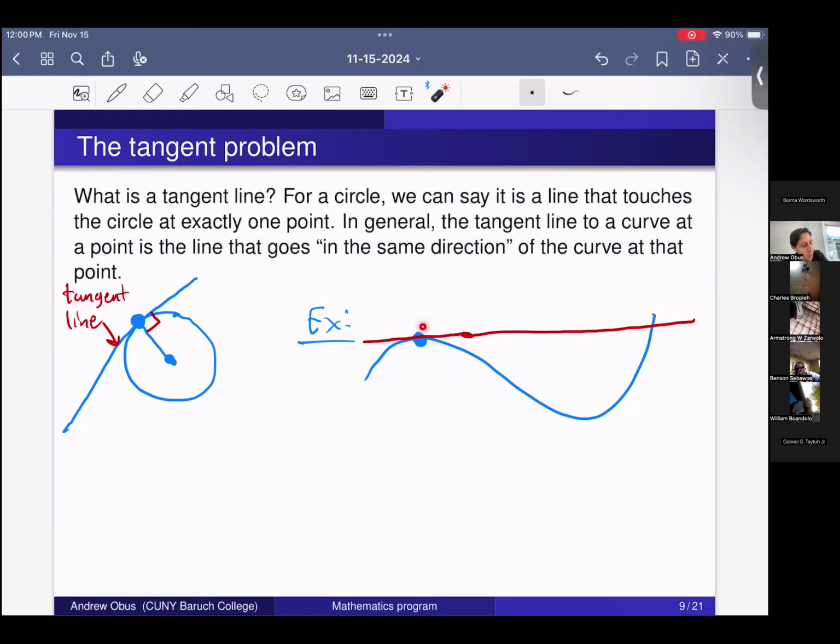The tangent line is about what's happening close to your point, which is why it maybe shouldn't be surprising that it's going to have something to do with limits, with all of these limits that we're studying. So in this case, this red line is the tangent line. And what you're looking for is exactly this picture. The line at the point where it touches the curve is traveling in the same direction as the curve. So this is what it means.